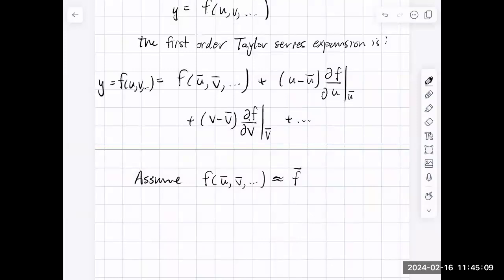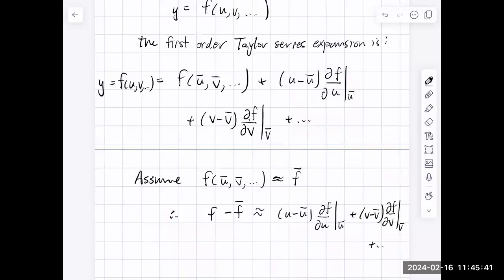So what we could do is take f minus f bar is equal to all this stuff, and then we're going to calculate the standard deviation of f. We're going to find sigma f. So therefore, f minus f bar is approximately equal to u minus u bar df du evaluated at u bar plus v minus v bar df dv evaluated at v bar, and maybe some other terms.